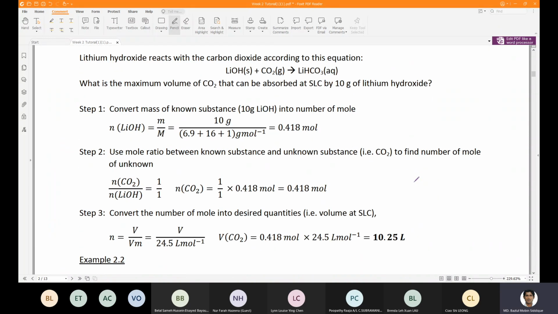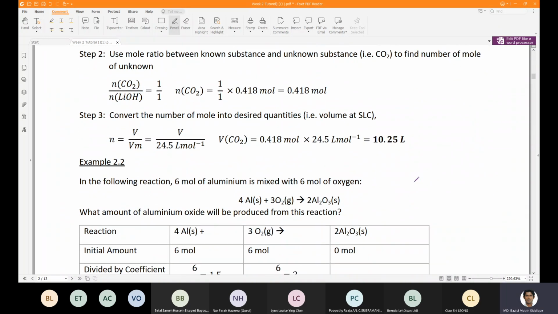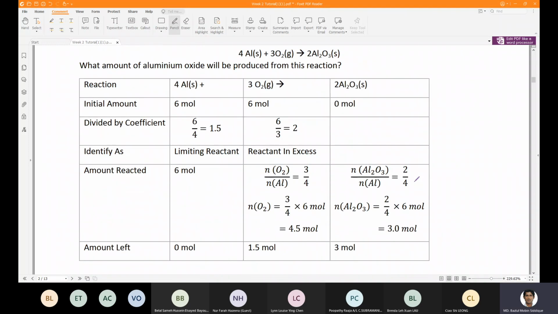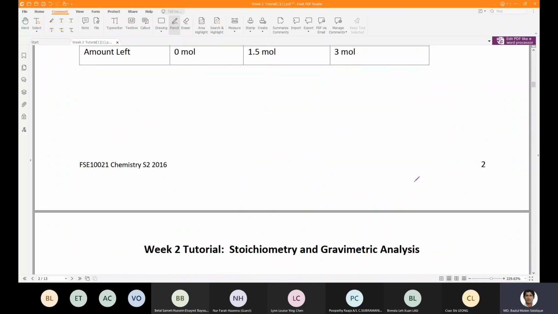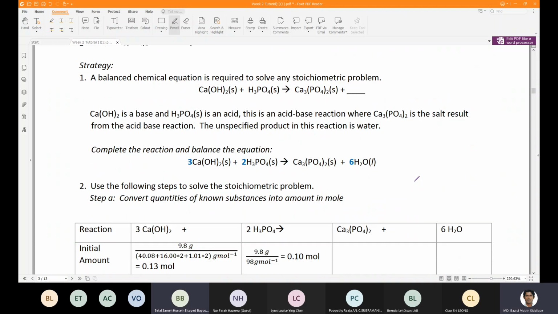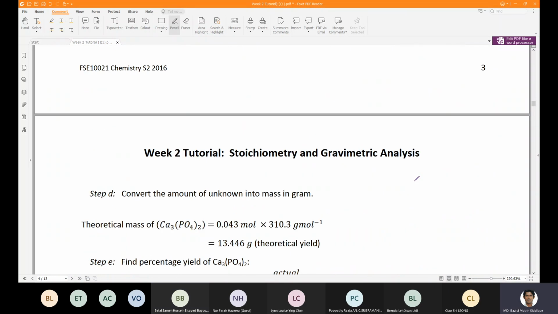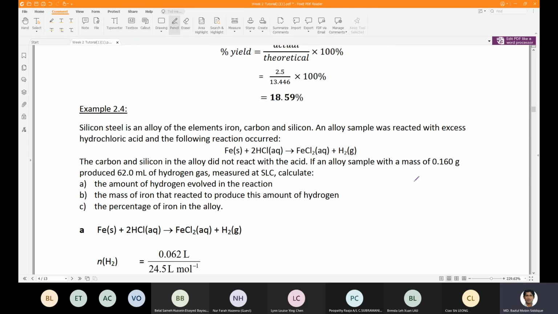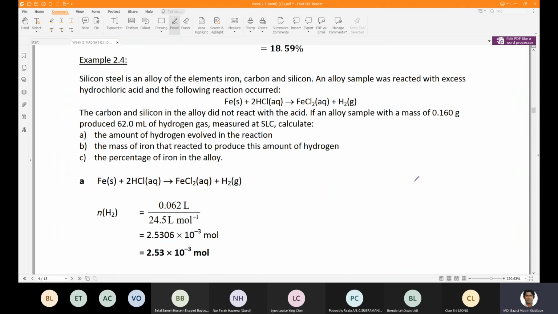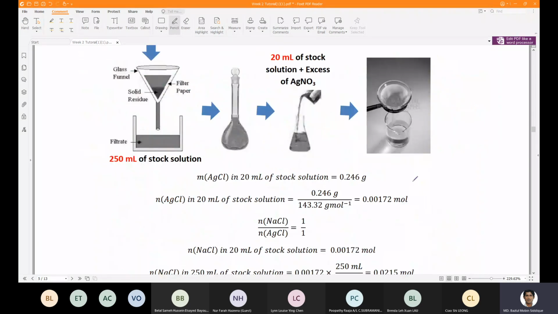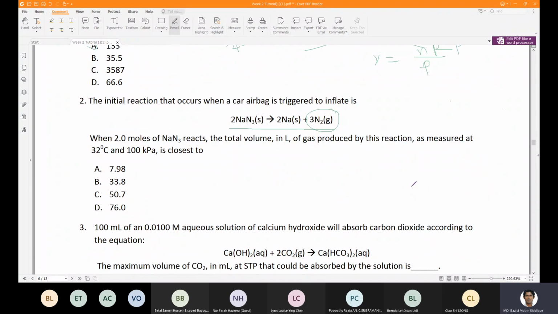It is not given here. Please refer to the lecture slide. It is given in the lecture slide. Okay, thank you, sir. Okay. So this is the universal gas constant actually.